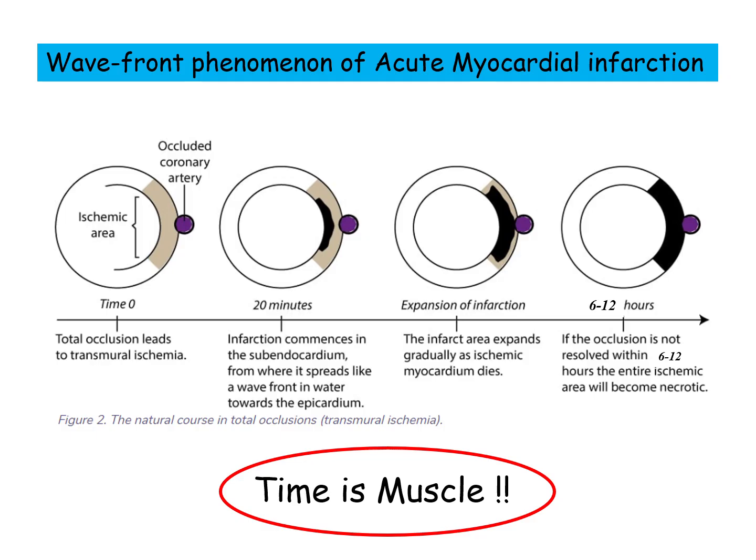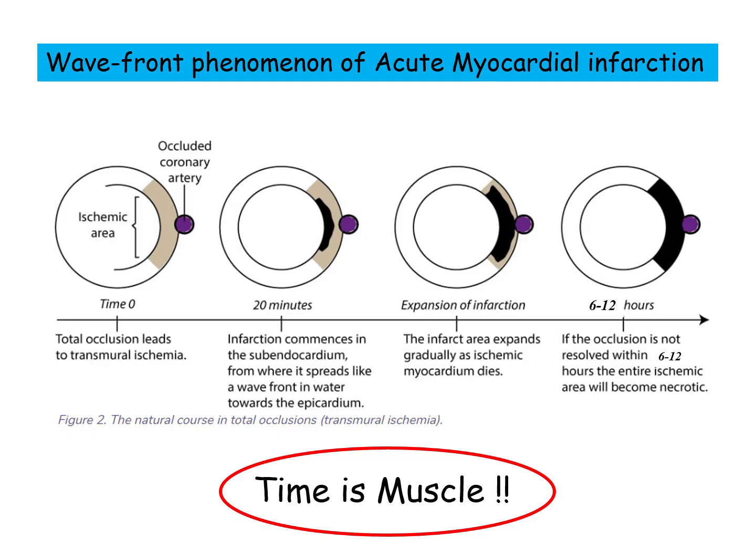The wavefront phenomenon of acute myocardial infarction is an important concept that is directly related to the treatment of these patients. You see here a schematic of what happens to the myocardium when an artery gets occluded. At time 0, the segment of that myocardium that's supplied by the occluded artery becomes ischemic.